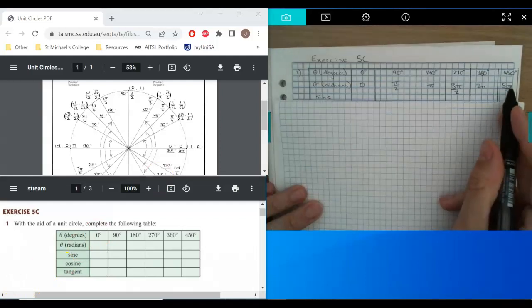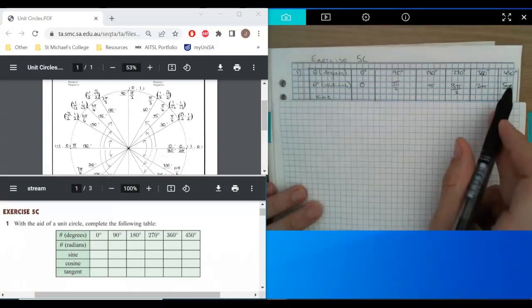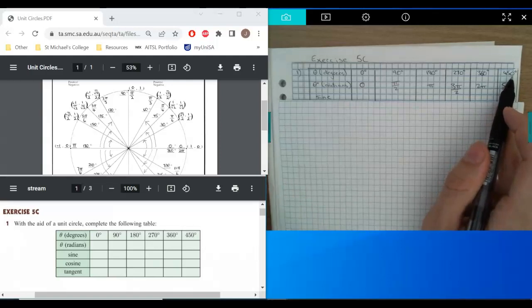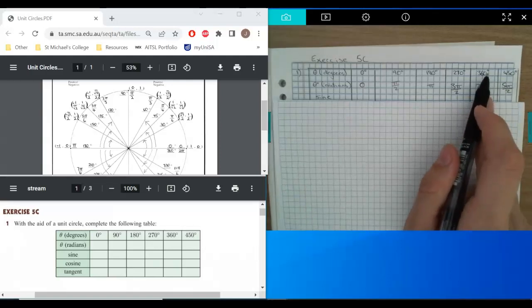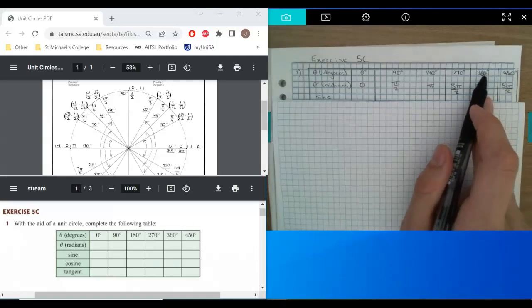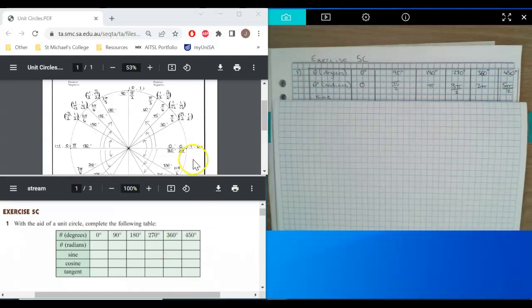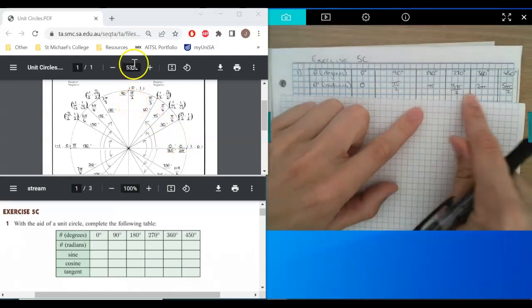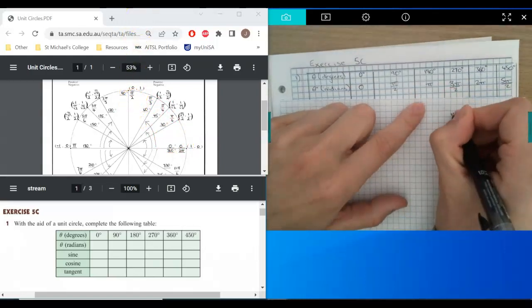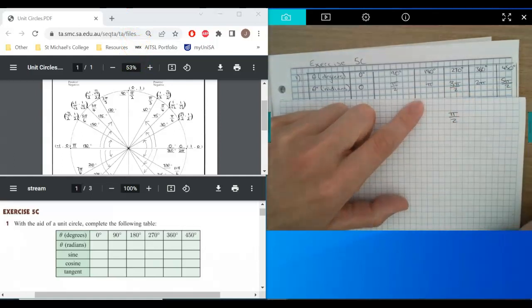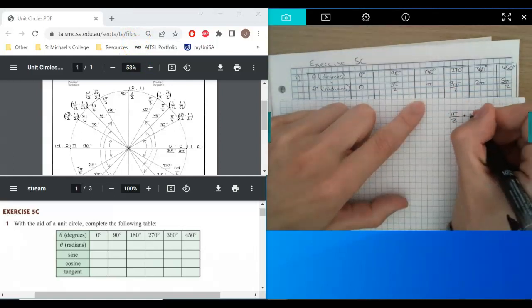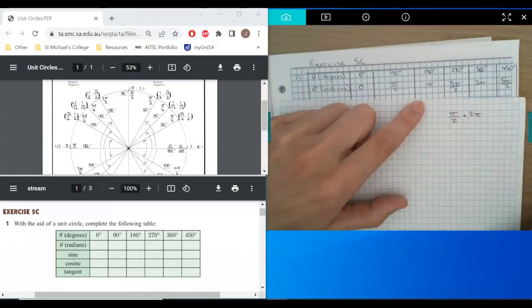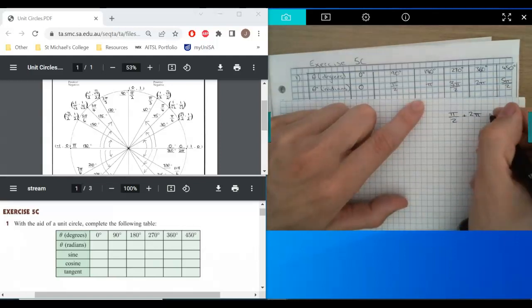Now let's just consider why this would be 5 pi on 2. So 450 degrees, if you consider the unit circle from 360 degrees, which is at this point here, we've added another 90 degrees. So let's consider what's actually happened. We were at pi on 2, but we've done a full revolution, so we need to add 2 pi.